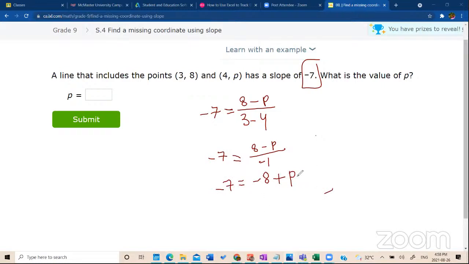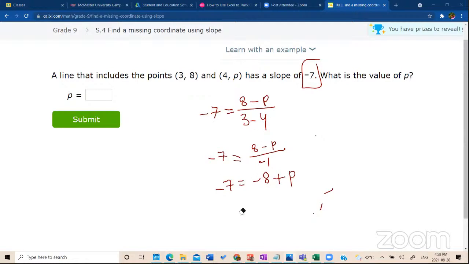Okay, and now to isolate the P, what do we have to do? No, basically what we have to do is add 8 on both sides.